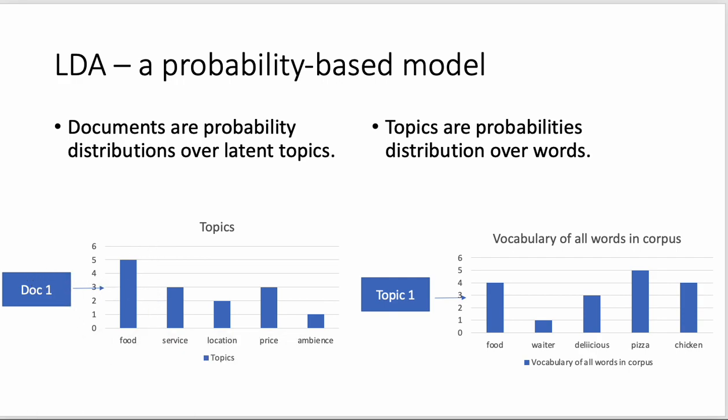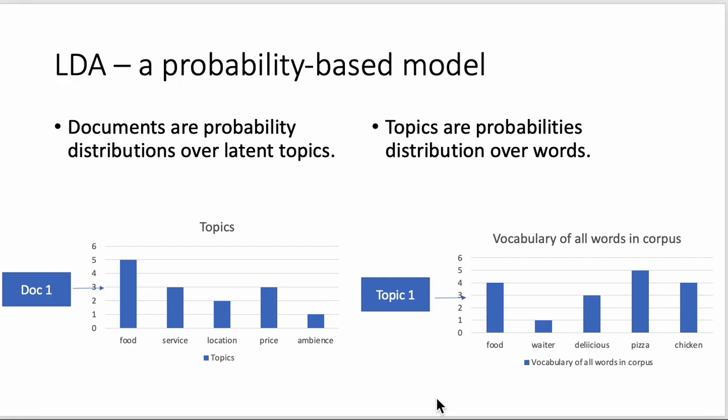We are not saying definitively that a document belongs to any particular topic. Instead, we are modeling documents as having a probability distribution over a variety of topics. So we have a discrete probability distribution across the topics for each document.